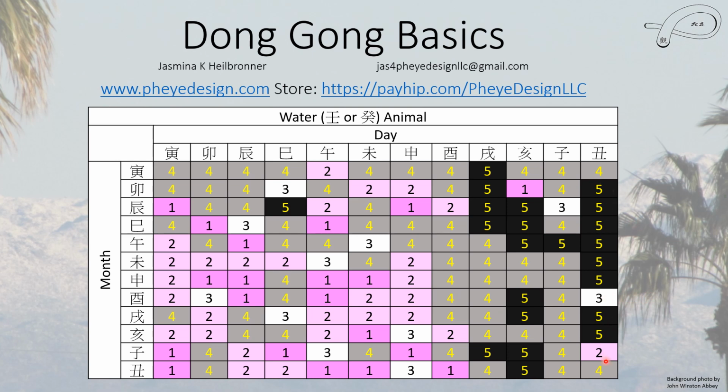And the rest of them are quite bad. So the water ox day is something to be careful about, especially the water dog day, also very, very negative. So you can look at this. It's a little hard to remember all this, but that's why I give you all these tables.